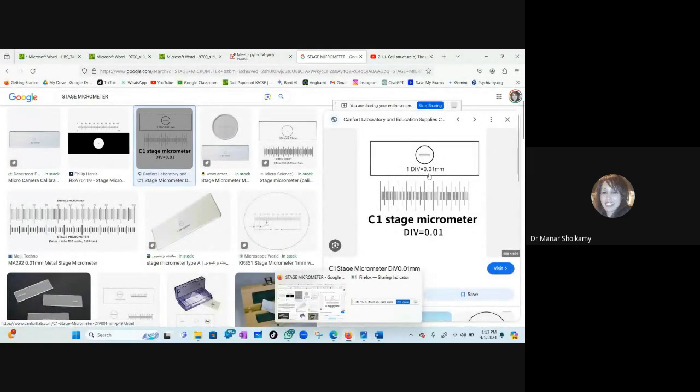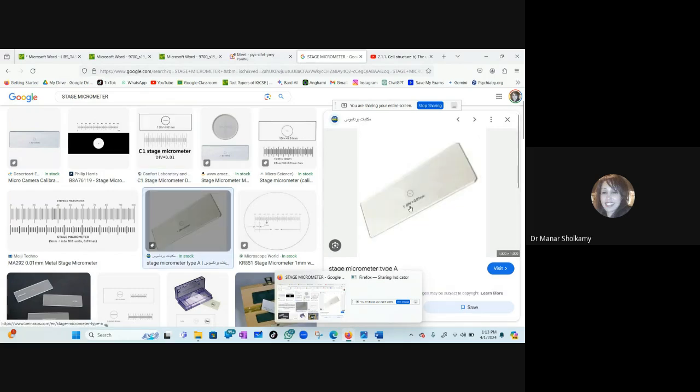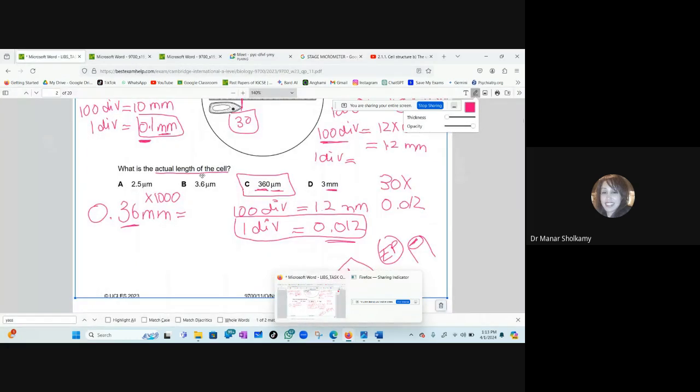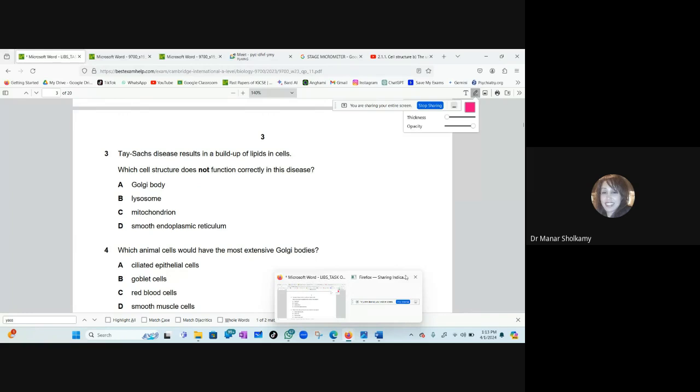And on this ruler, every division is 0.01 millimeters, or they give you the measurement. This is a normal slide, like a specimen slide, but there is a ruler. We have to put this slide on the stage of the microscope and bring it into focus depending on the magnification that you chose. Okay? So please make sure that this question is understood.